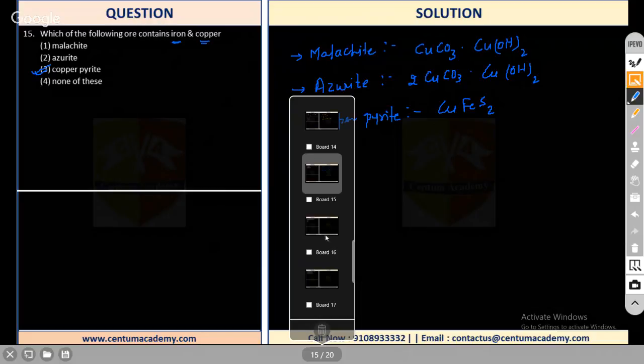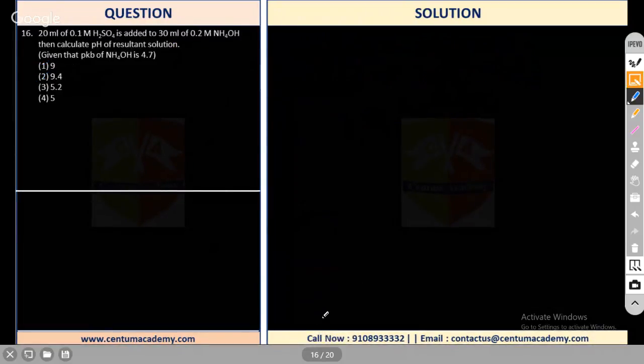Next, question number 16 we'll see. 20 ml of 0.1 molar H2SO4 is added to this, calculate the pH of the resultant solution.